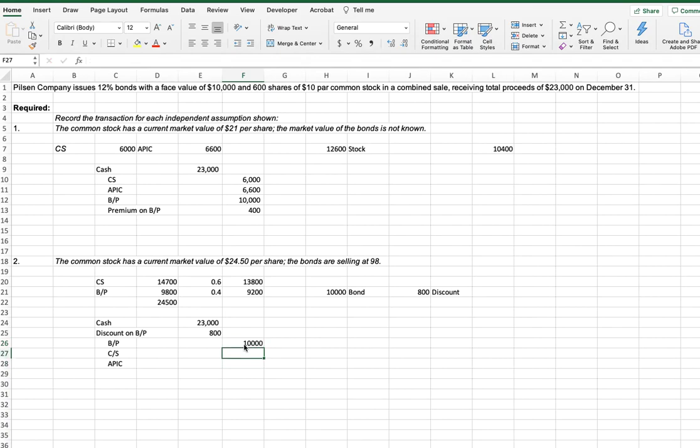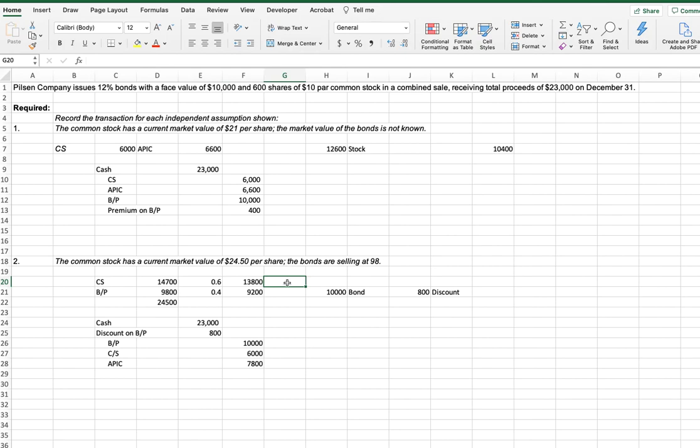So for our common stock, we're still going to say it's equal to the 600 times the 10 par value. And then for the additional paid-in capital, we can say it's equal to the 13,800 that should be allocated to common stock minus the 6,000 that we have allocated, and we get a difference of 7,800.